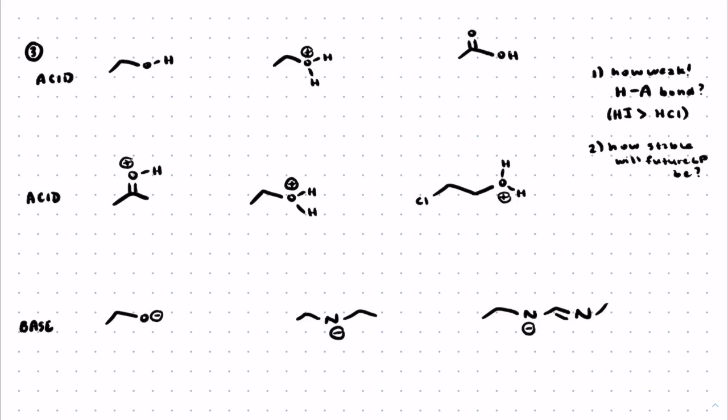So if there's things like resonance or differences in hybridization that determine the stabilization of different lone pairs once a hydrogen is taken off, that's also going to determine the strength of an acid.